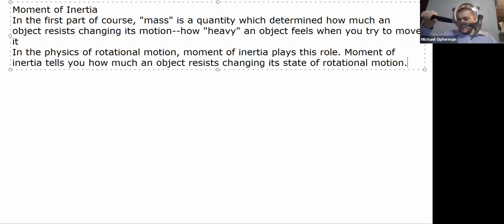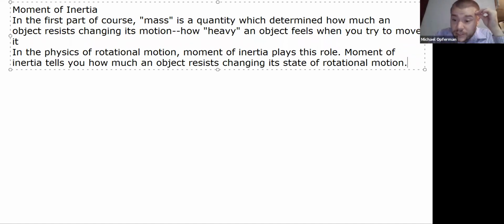If I do the same thing with this hammer, the hammer feels heavier. Why? You might think it's just because the hammer has more mass, and that's part of the reason, but really the most direct reason is the difference in moment of inertia.